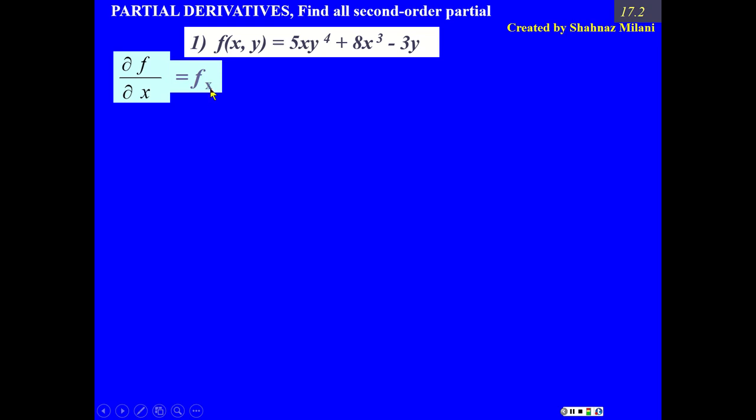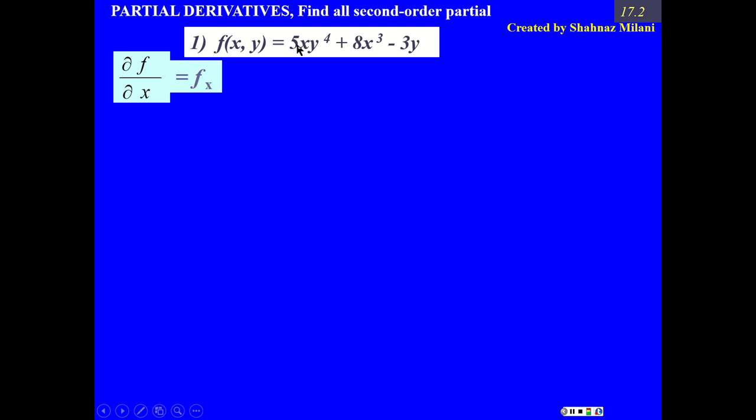But remember, as we talk about it, if we are going to find the derivative based on x, when you see a y, you look at it as a constant. Right here, this is the product rule.